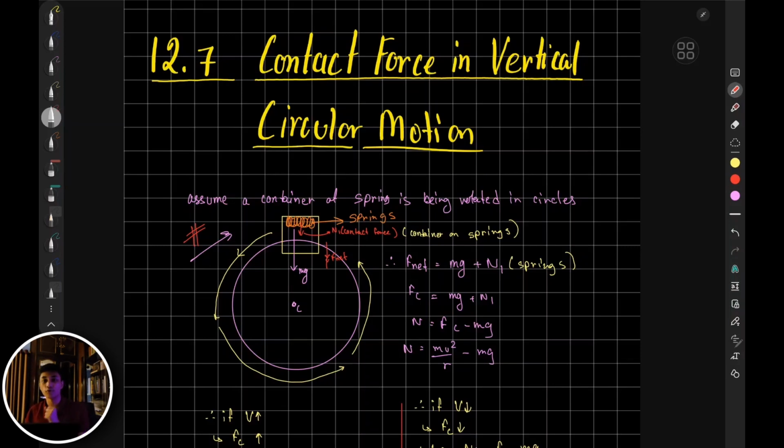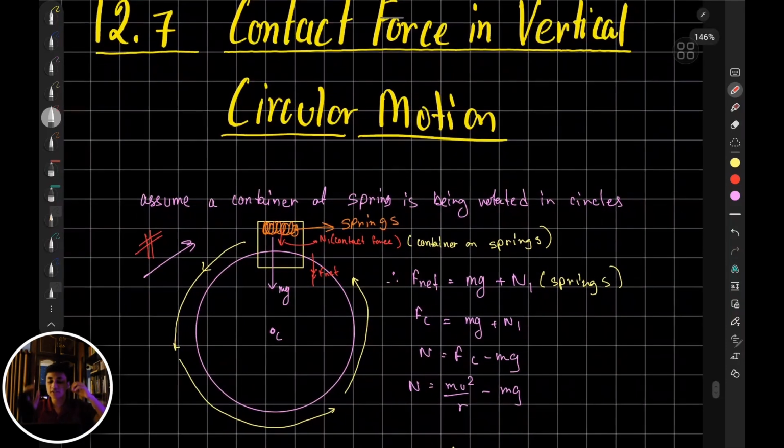What are the forces acting on the set of springs? The springs are at the bottom of the box or container. And when it is at the topmost position over here, the springs are in contact with the box. Being in contact means the bottom of the container will apply a force on it.